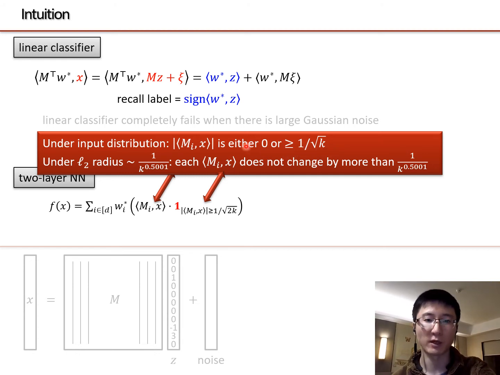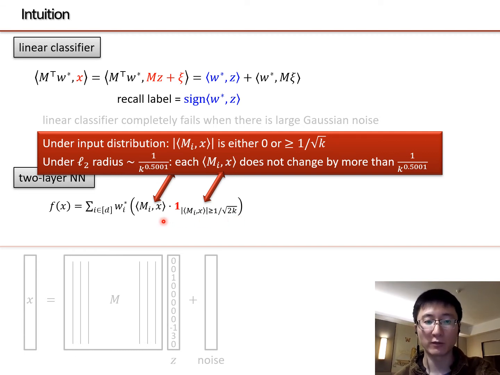So in our paper, remember, we only need a gap between the two, but for this talk, think about it being either 0 or larger than 1/√k. So that means this value is either 0 or 1/√k to begin with. And therefore, if you perturb it by a radius that's slightly smaller than 1/√k, then this indicator function is not going to change. If originally it's above the threshold, after perturbation it's still above the threshold, and vice versa.